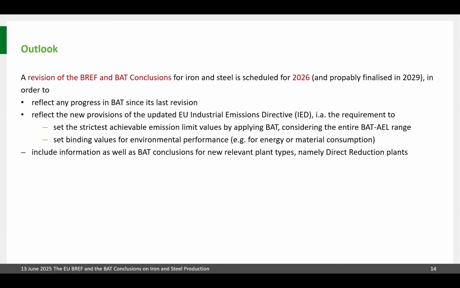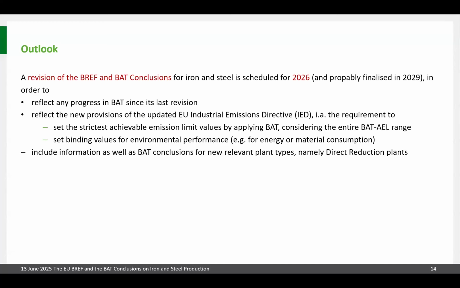And in this revision, there are several things that have to be done. Of course, first thing is to reflect any progress in BAT since the last revision. Another issue is to reflect the new provisions of the updated EU Industrial Emissions Directive from 2024 that inter alia includes the requirement to set the strictest achievable emission limit values by applying BAT considering the entire BAT-AEL range.